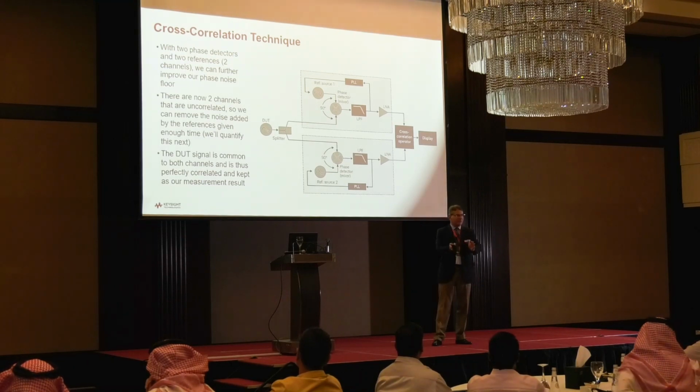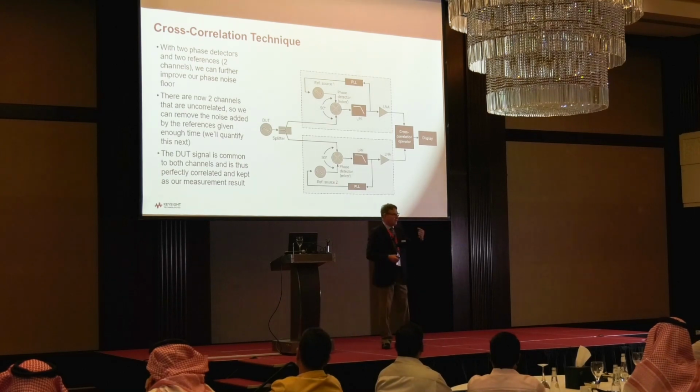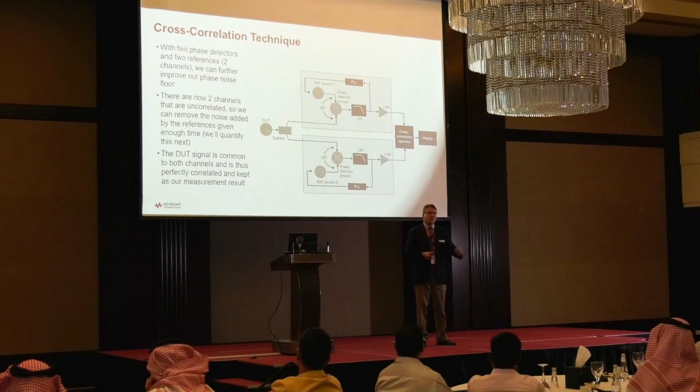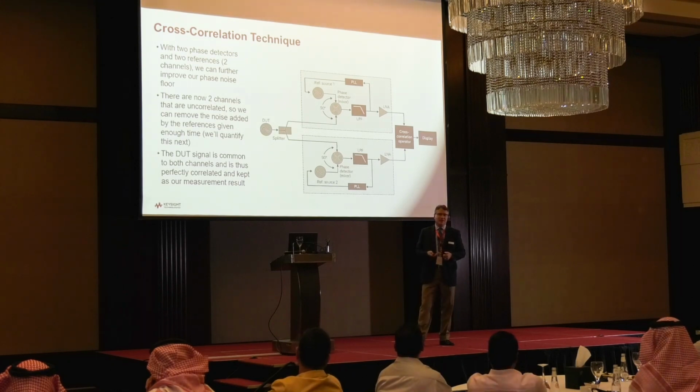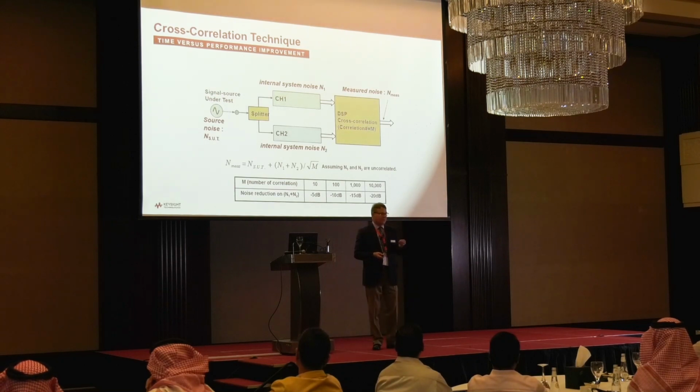So I have two identical channels with independent reference sources, and then if I do cross-correlation processing in my computer, I can actually reduce the effect over time very nicely in these two channels, and as a result actually get a pretty good improvement in sensitivity as long as I take the time to do those cross correlations.